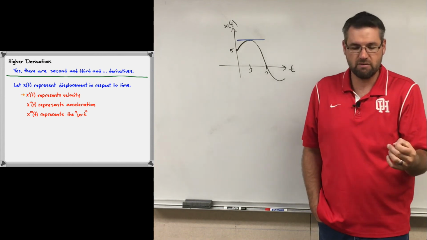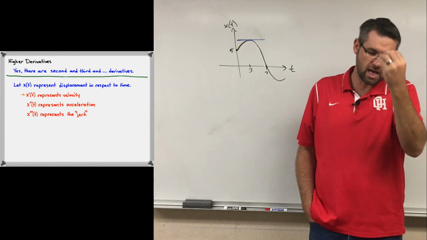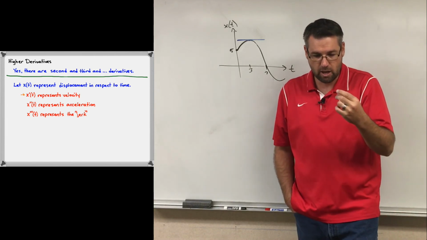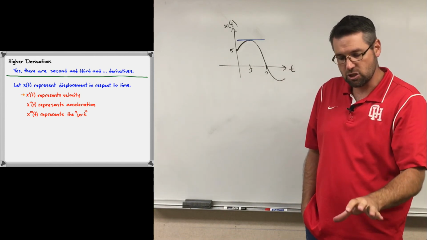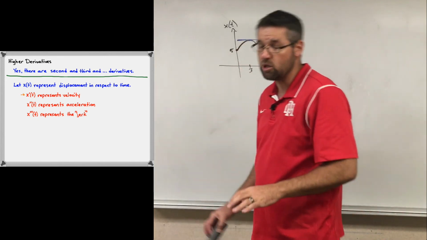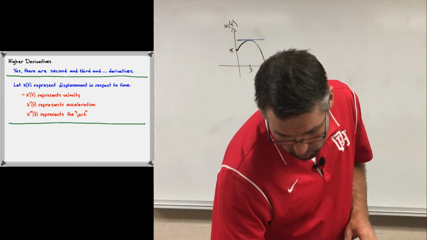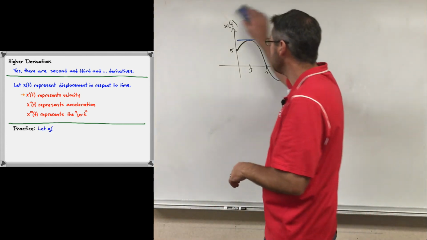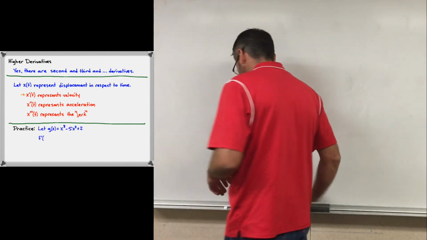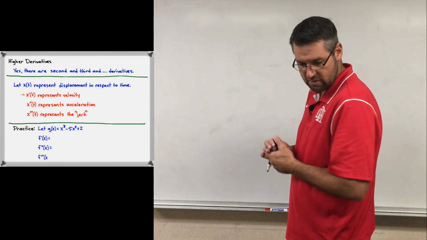So the third derivative is the jerk. That one's a little hard to wrap our minds around, but these are the applications of higher level derivatives. Again, we're going to talk about particle motion a lot in the future. But with that said, let's go ahead and do a couple practice problems in determining different derivatives.